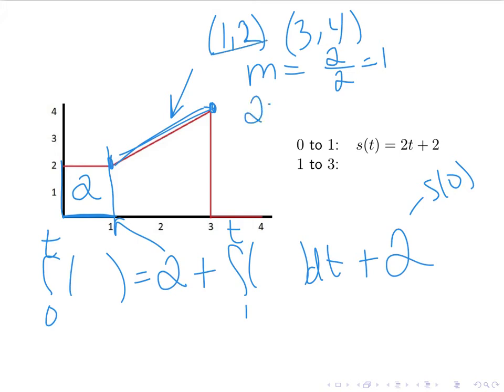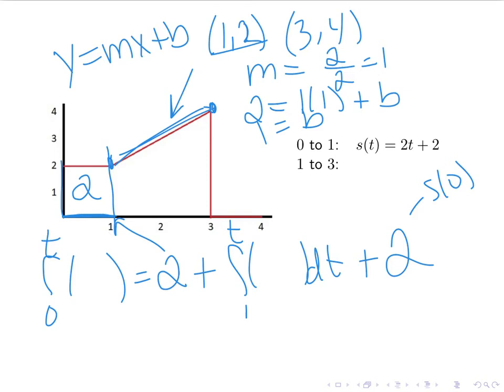So y equals mx plus b, that's just the slope-intercept form of the line. So 2 equals 1 times 1 plus b. So b equals 1. So our equation is 1x plus 1, except we have t's, so it's going to be 1t plus 1. So this line is t plus 1.